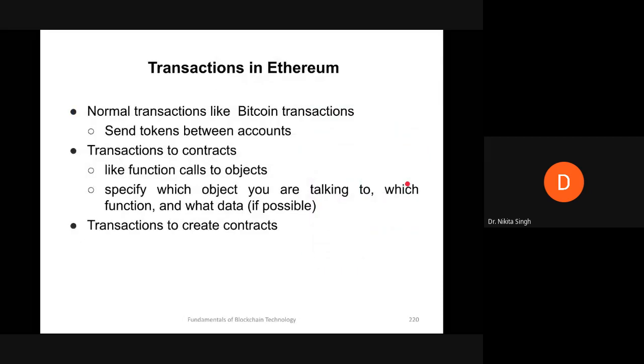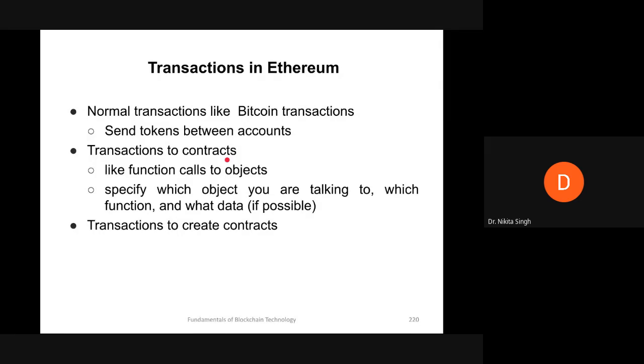And a transaction in Ethereum can be to spend money, that is, to send some money from one account to another, or it could be to initiate smart contracts or to create smart contracts. Since we can also have different kinds of applications on Ethereum, transactions can also make function calls to execute some routine. So transactions in Ethereum can be to contracts, that is, to initiate the contract to do something.